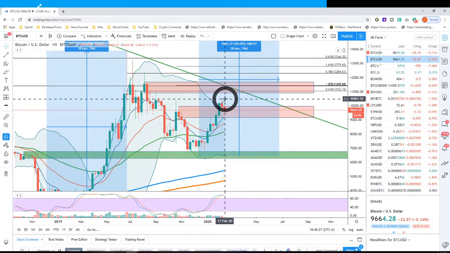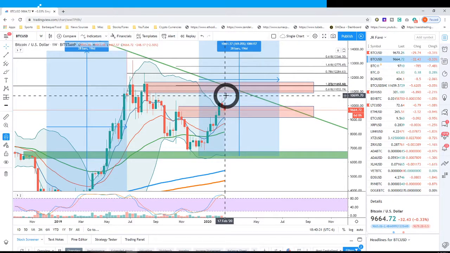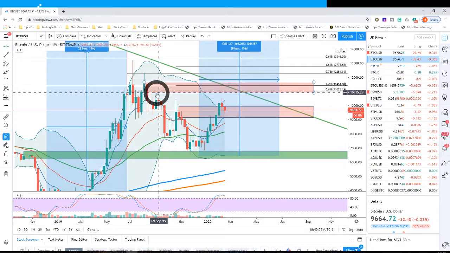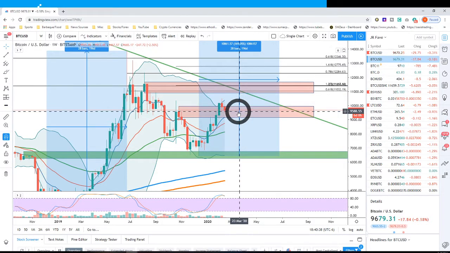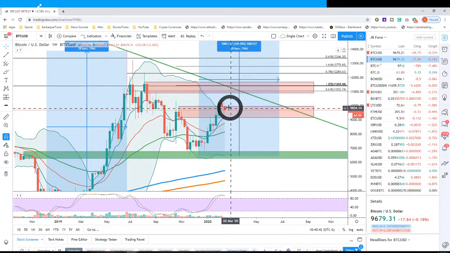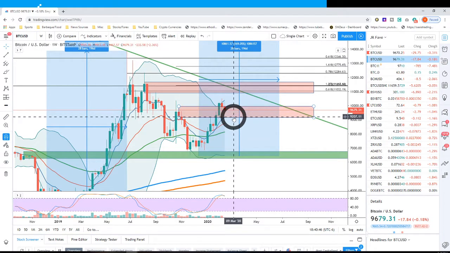I was really thinking we might get up to this area, wick a little bit higher outside of it, and then this resistance right over here, maybe even touch the trend line and then pull back, right? But all we're doing now is coming back and possibly testing the 10 EMA.